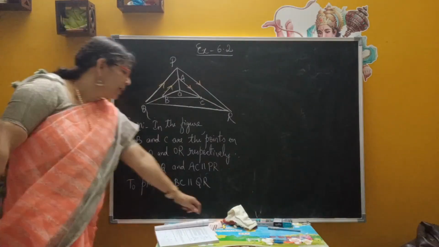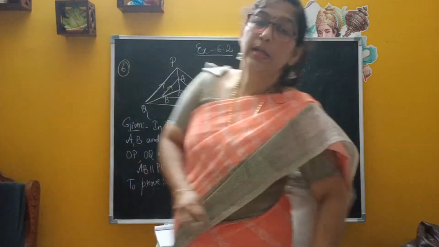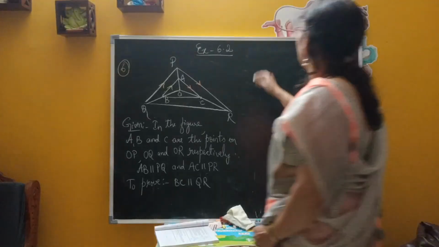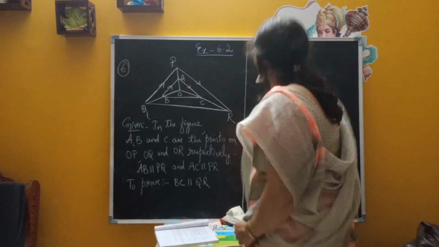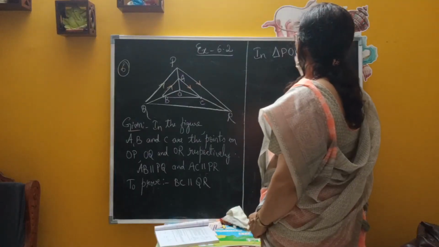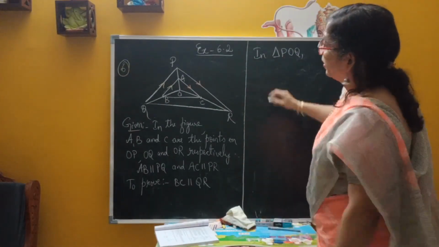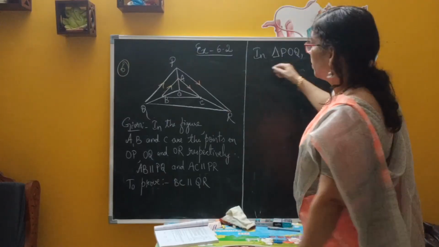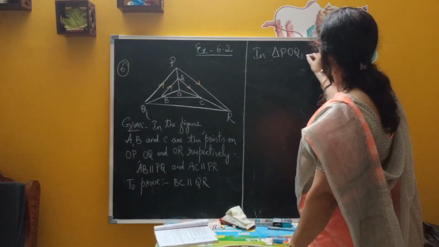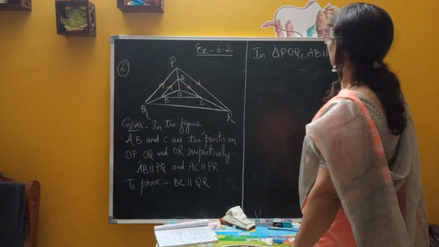So let us take the first triangle, POQ. In triangle POQ, which are the parallel sides? AB is parallel to PQ.